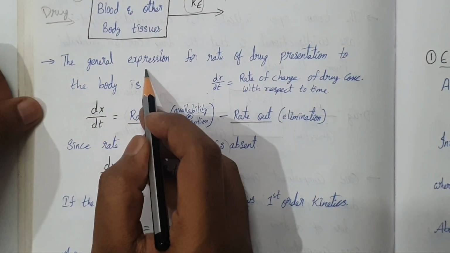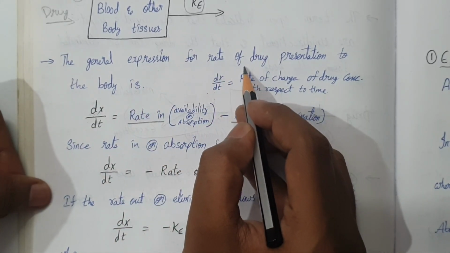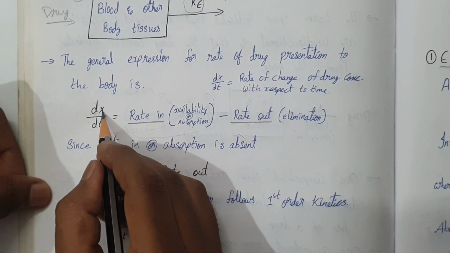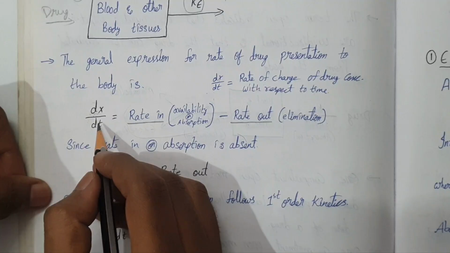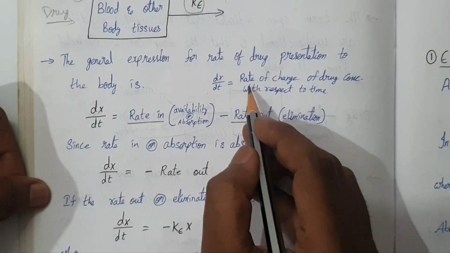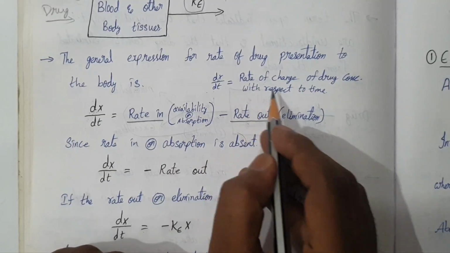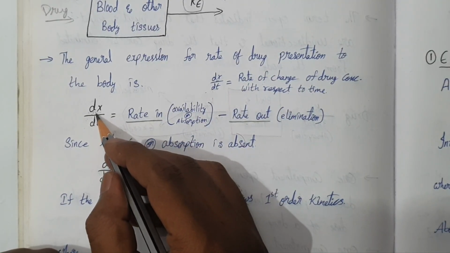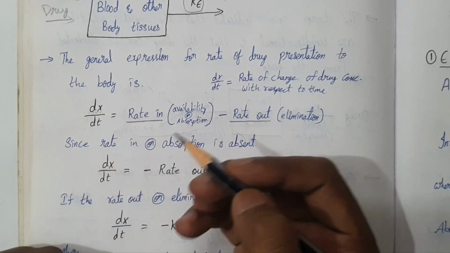So the general expression for the rate of drug presentation to the body will be dX/dt. What do we mean by dX/dt? dX/dt means the rate of change of drug concentration with respect to time.